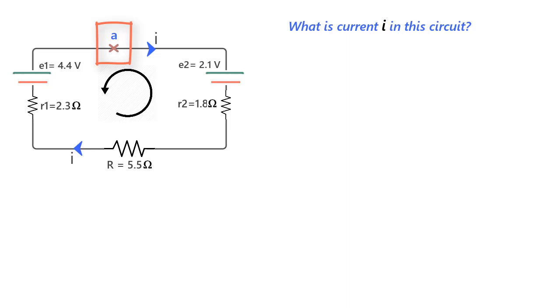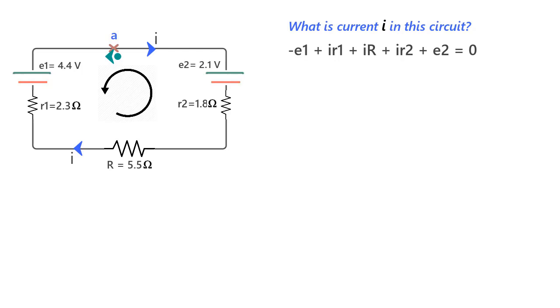So what we get is minus E1 here, since the potential drops, then plus Ir1 since we're moving against the direction of the current, so there must be a gain in potential, plus IR, plus Ir2, and finally plus E2, since there is a gain in potential, and this should equal 0.